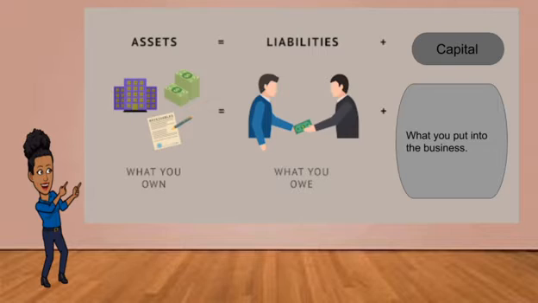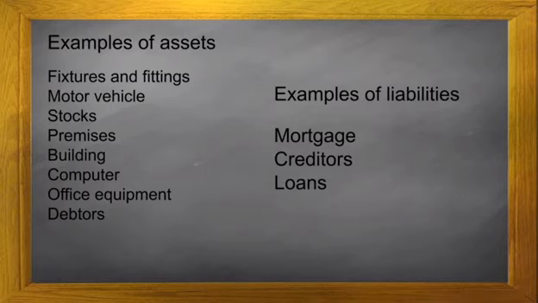Clearly then, we can say that assets are the resources owned by the business, while liabilities is what you owe. Therefore, liabilities are money owed for resources supplied to the business, and capital is resources supplied to the business by its owners.